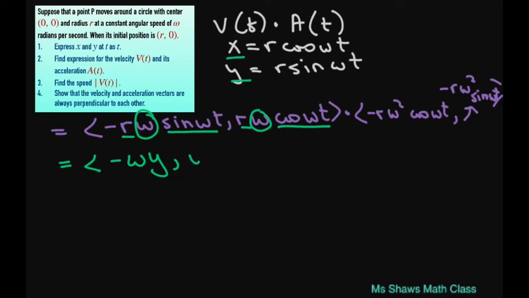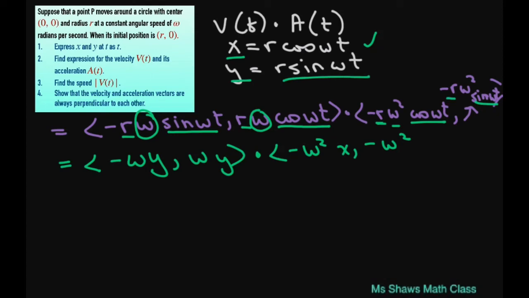So this is going to be omega x. Do the same for this side, and you're going to get negative omega squared times x, because r cosine is your x, and then negative omega squared times y, because r sine is y.